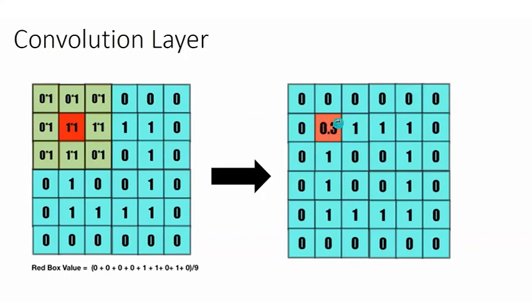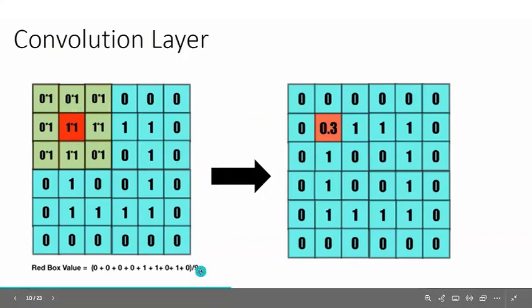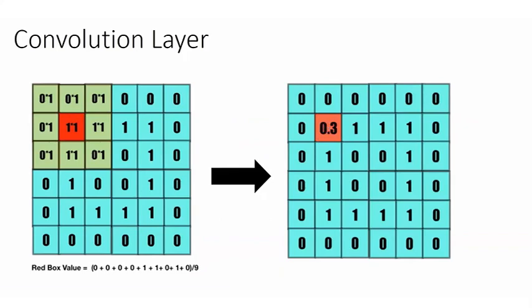Here it is 0.3, but the total comes as 9. Since we have 9 cells, we can even divide it by 9. It won't make a big difference. So we get an average number here, so that we can simplify the features. That is the objective. Then this part is okay.